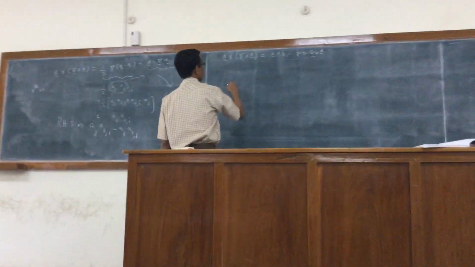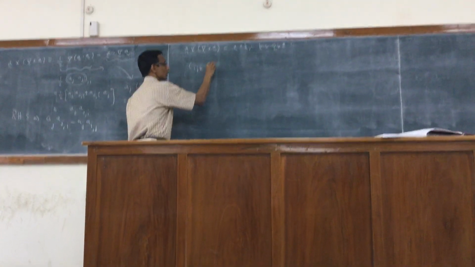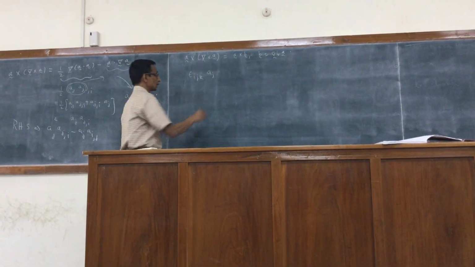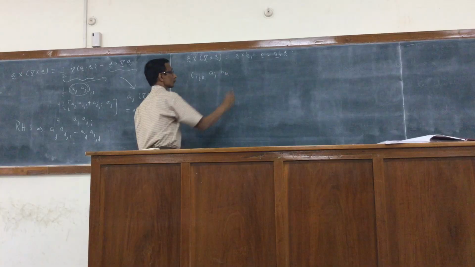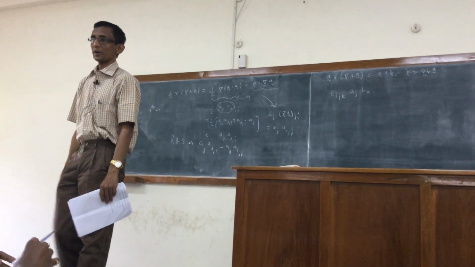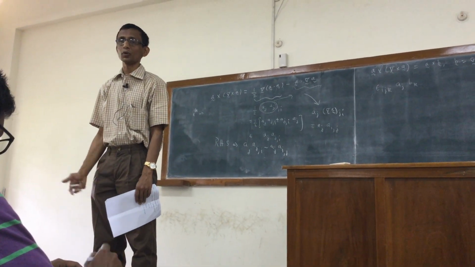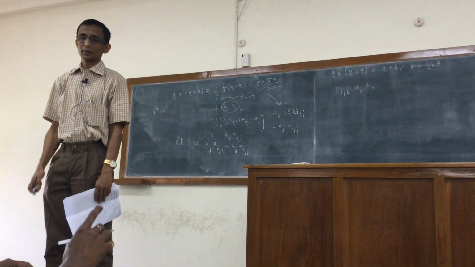So the ith component of a cross b is epsilon ijk a_j b_k. So now I need to write the kth component of the curl of a. How would you write that? Can you write it?